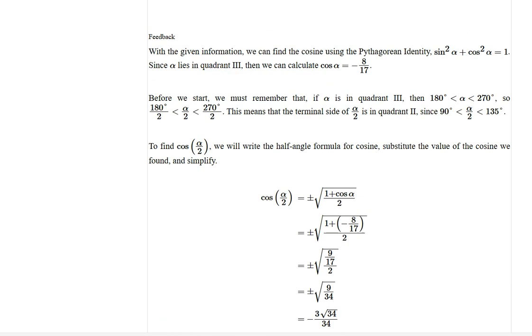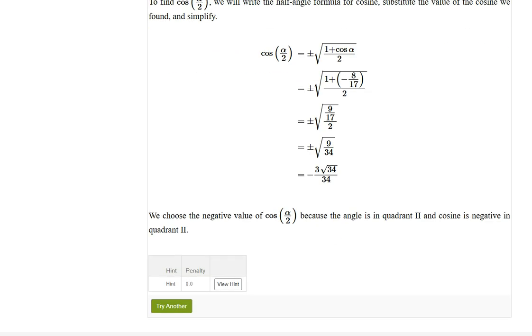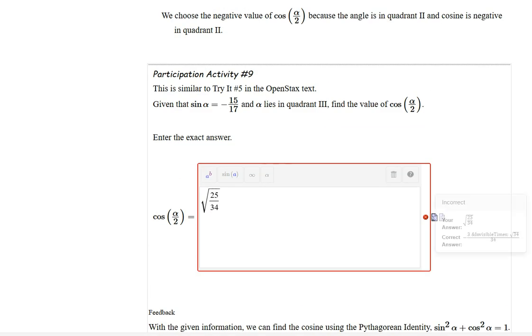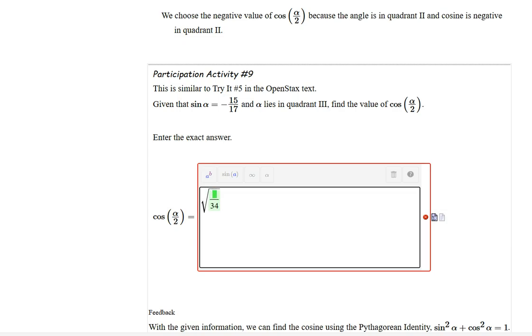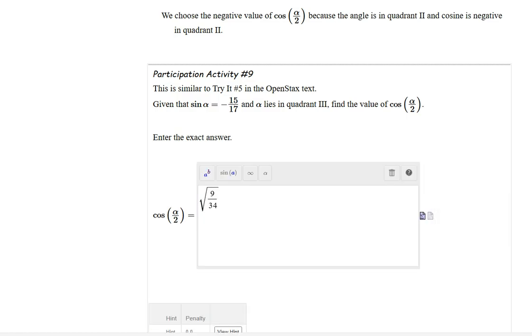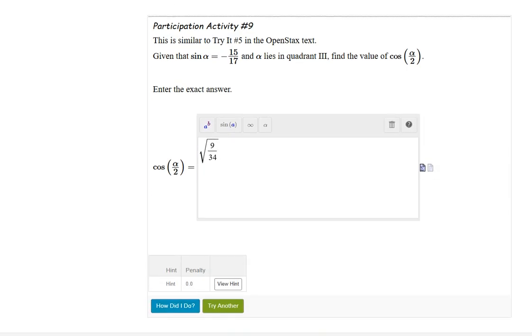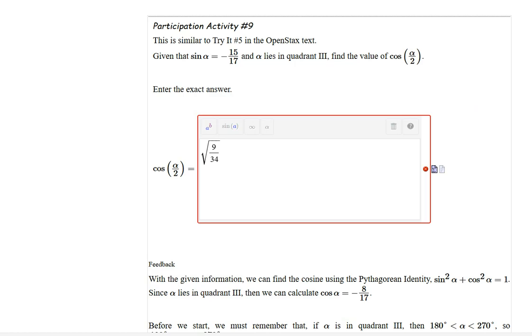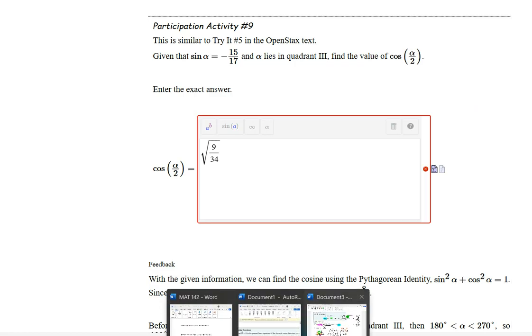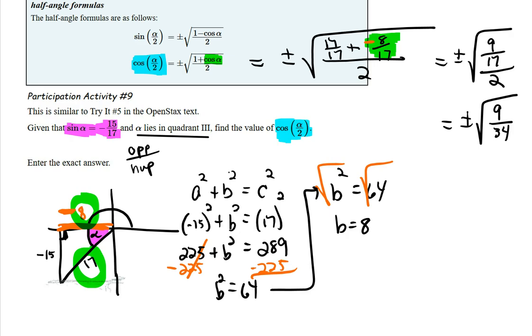Okay, is that what they got? Looks like they're simplifying it though, and I don't know where to get this plus or minus symbol from. Still didn't like it. It wants me to simplify, but doesn't say that in the directions.